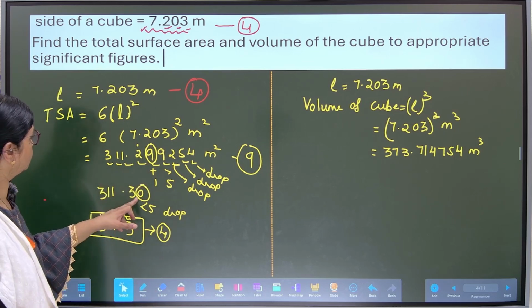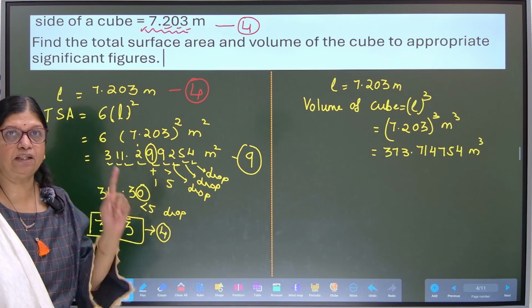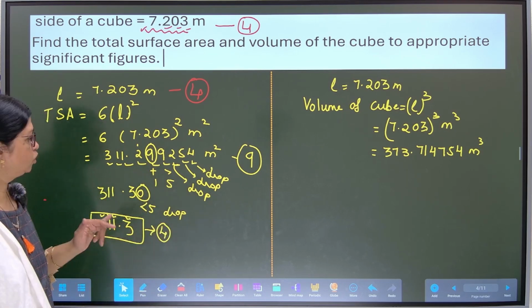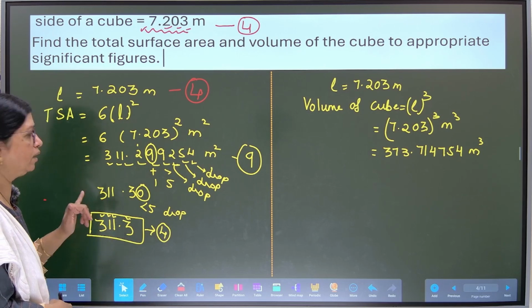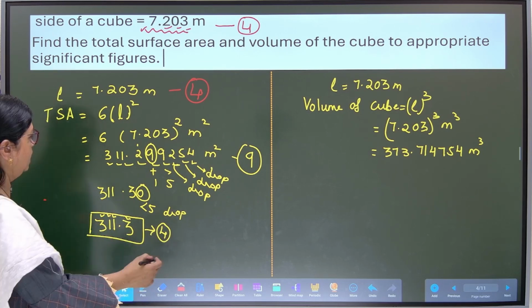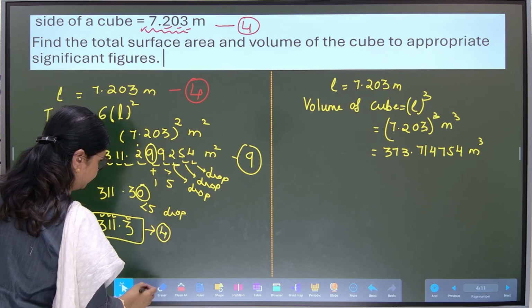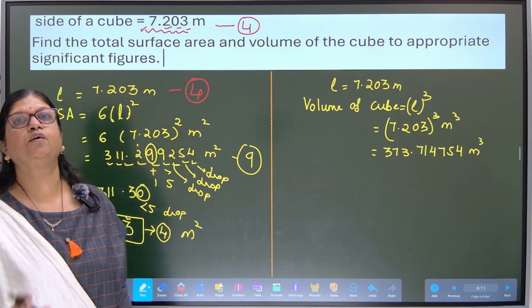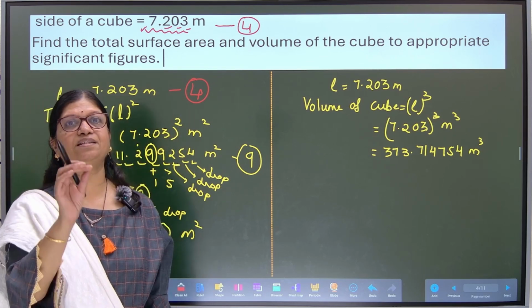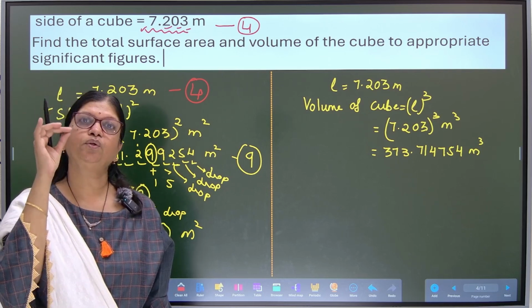So again I go to the last digit. Last digit is 0, less than 5, drop it. So my reported value becomes 311.3 meter square. Up to how many significant figures? 4.